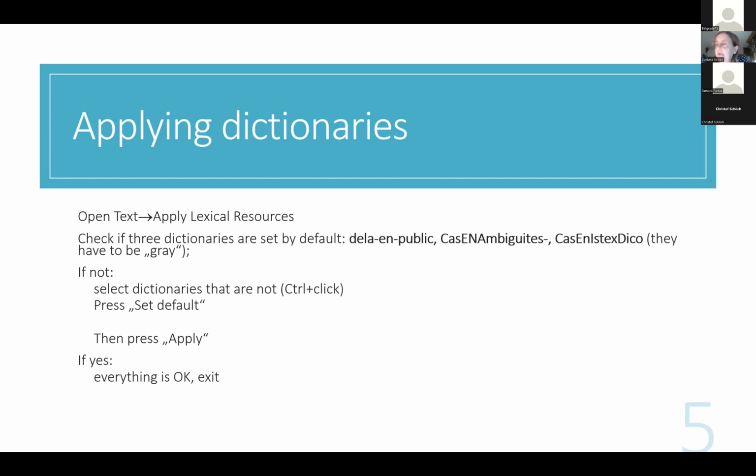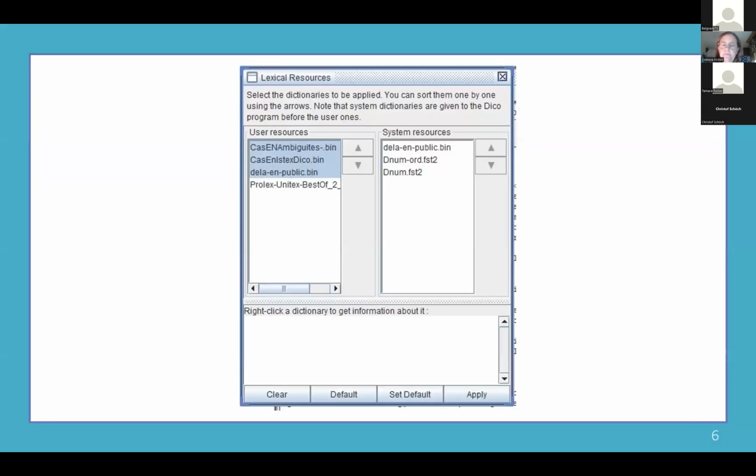And now you have to apply dictionaries. Again, it is the same menu Text, and you choose Apply Lexical Resources, and you have to check 3 dictionaries that have to be set by default. These are the names of the dictionaries, and they have to be gray. The picture is like this. These 3 dictionaries. It doesn't matter if there are other dictionaries that I have here. Maybe you don't have them, but it doesn't matter. You have to have these 3 dictionaries: Cas and ambiguities, Cas and insect deco, Delaf and public.